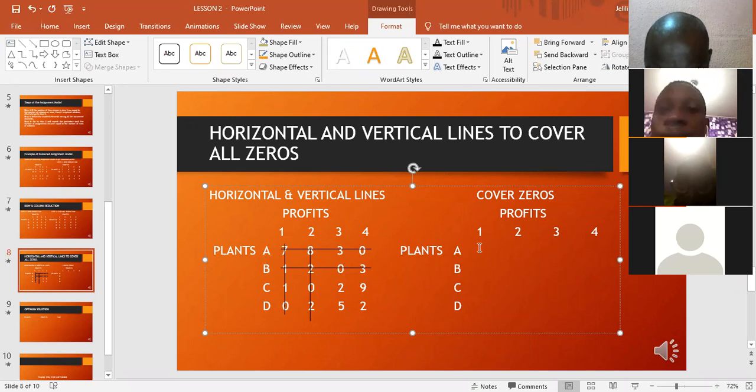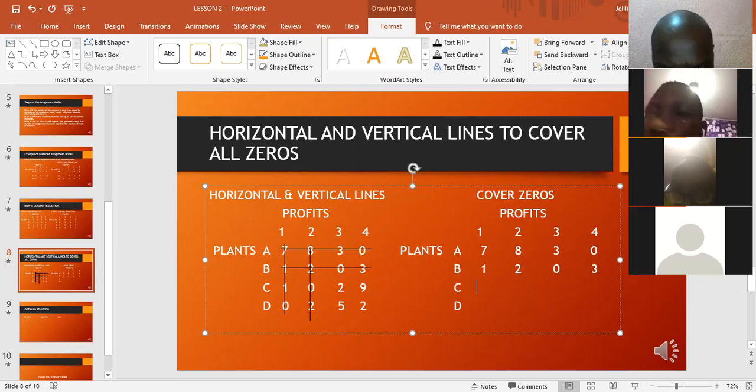So let me move this figure. 7, 8, 3, 0. The zero is covered. Now the second row, we have 1, 2, 0, 3.